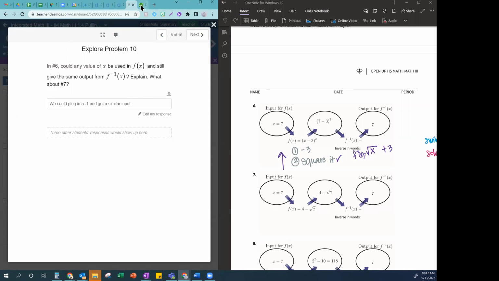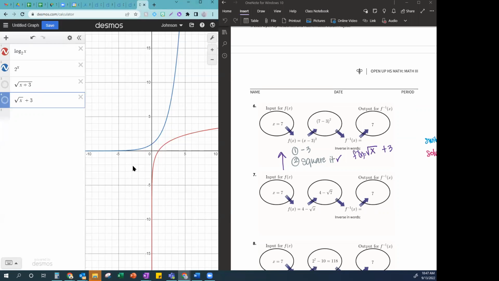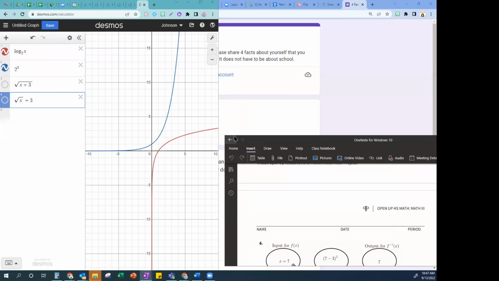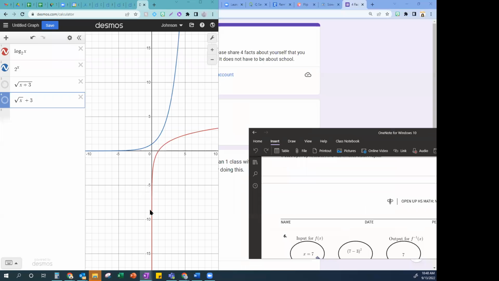If you remember, the way we tested the function was by looking at the horizontal line test on the original function. And because the original function passes, then the inverse of that function is a function, which you can then check using your vertical line test. And remember, we talked about this asymptote nature.